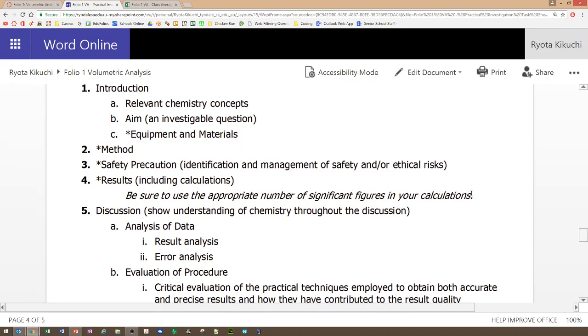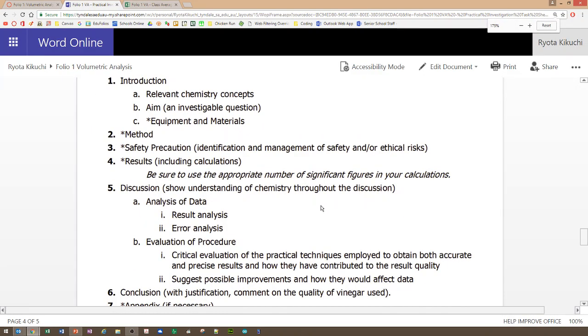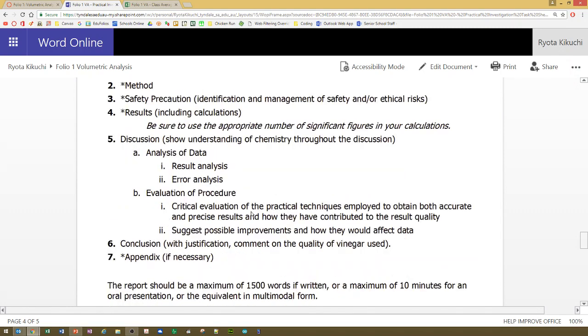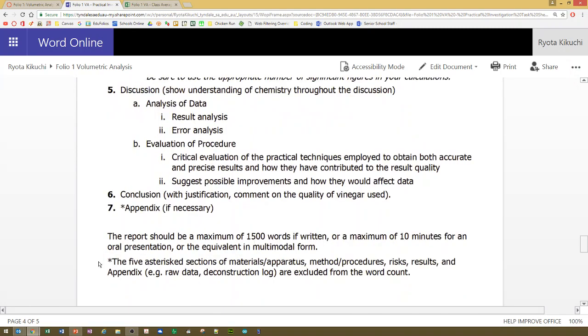The things that changed compared to last year is that some parts have got asterisks, okay? If you read things at the bottom here that says these 5 asterisked sections, they are not part of the word count, right?